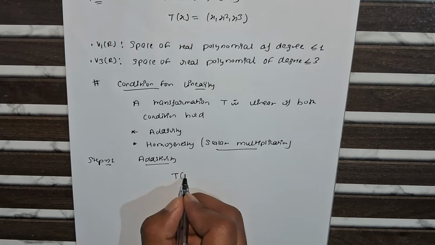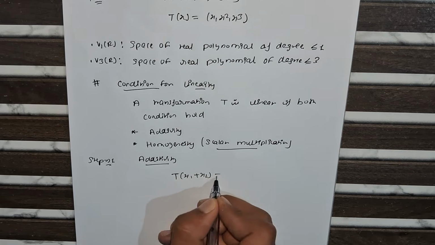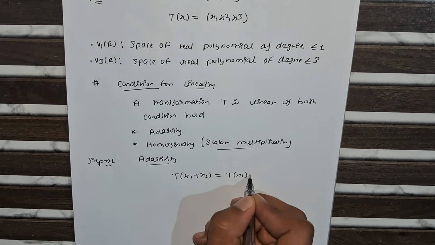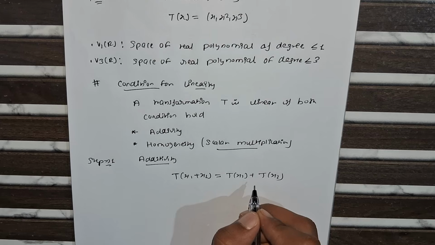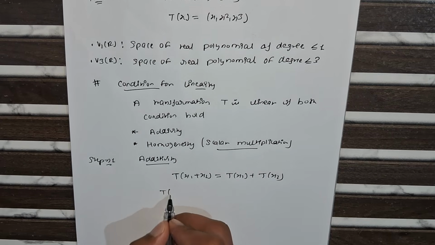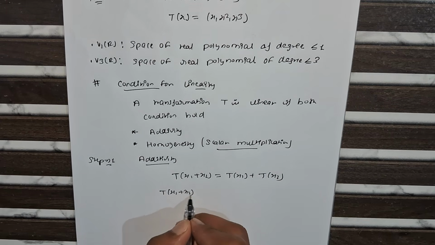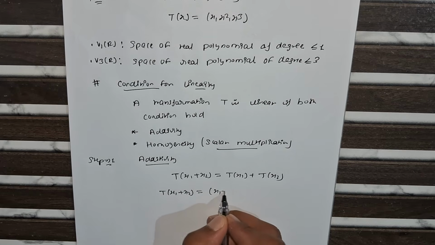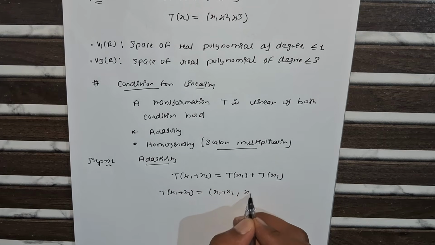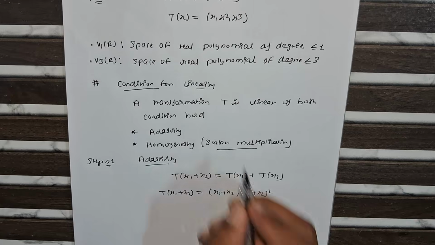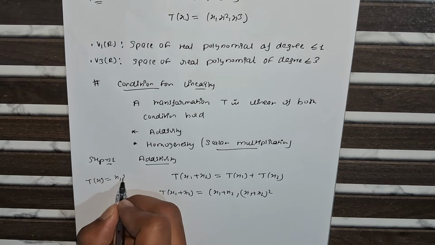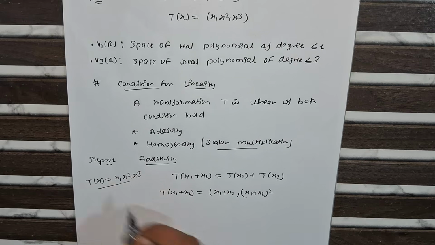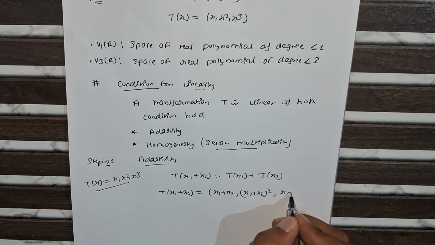So T of x1 plus x2 should be equal to T of x1 plus T of x2. This is the condition for additivity. Now let's check it for this question. T of x1 plus x2 should be equal to x1 plus x2 comma (x1 plus x2) whole square comma (x1 plus x2) whole cube, according to T of x equals x, x square, x cube.